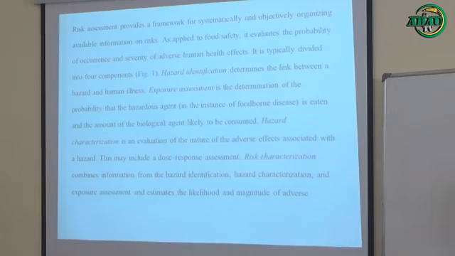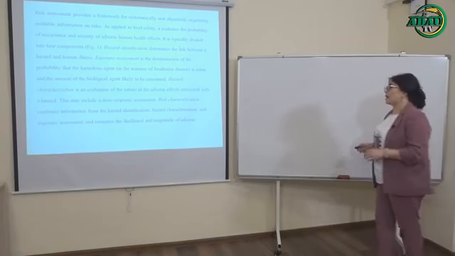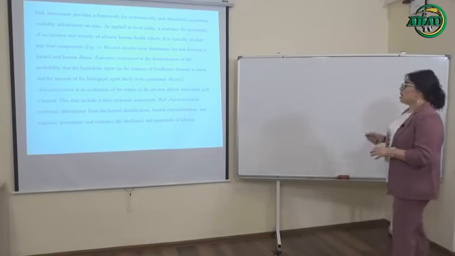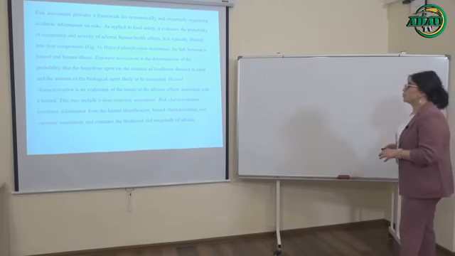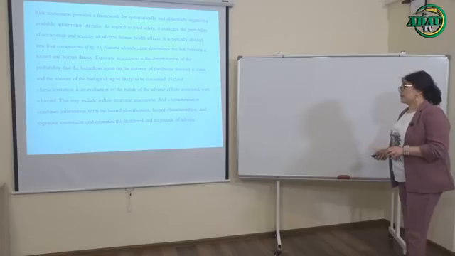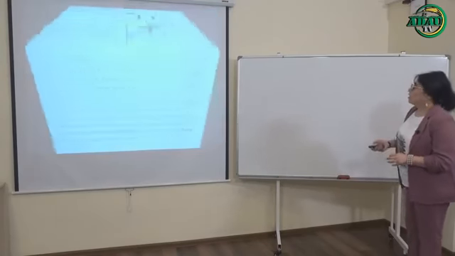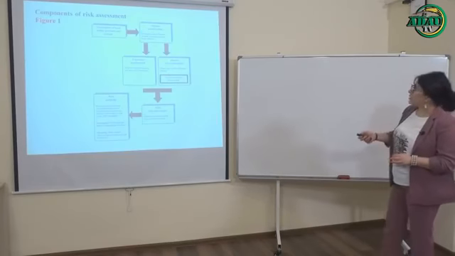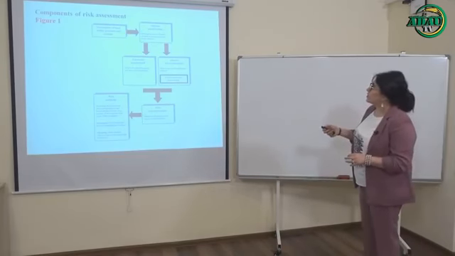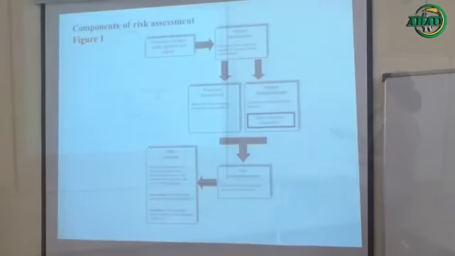This risk characterization combines information from the hazard identification, hazard characterization, and exposure assessment, and estimates the likelihood and magnitude of adverse effects. So here you can see hazard identification: what agents are in the food capable of causing adverse health effects.